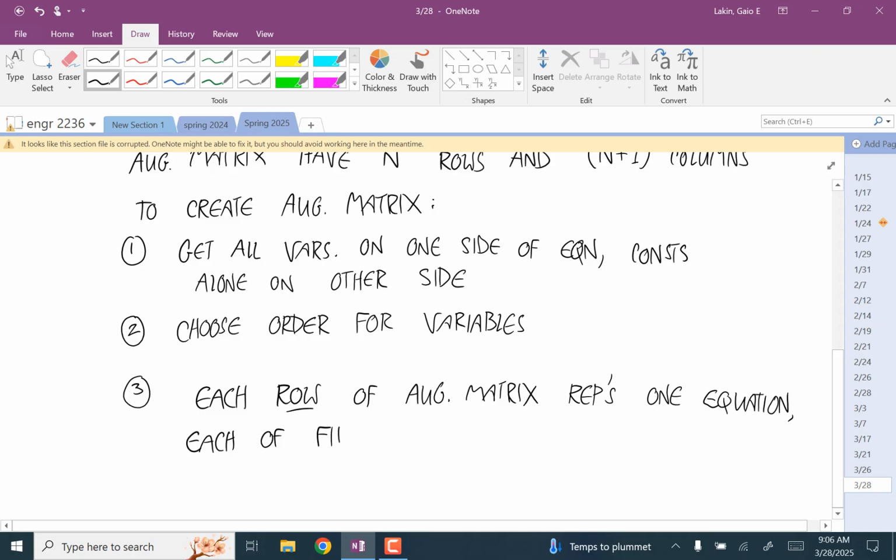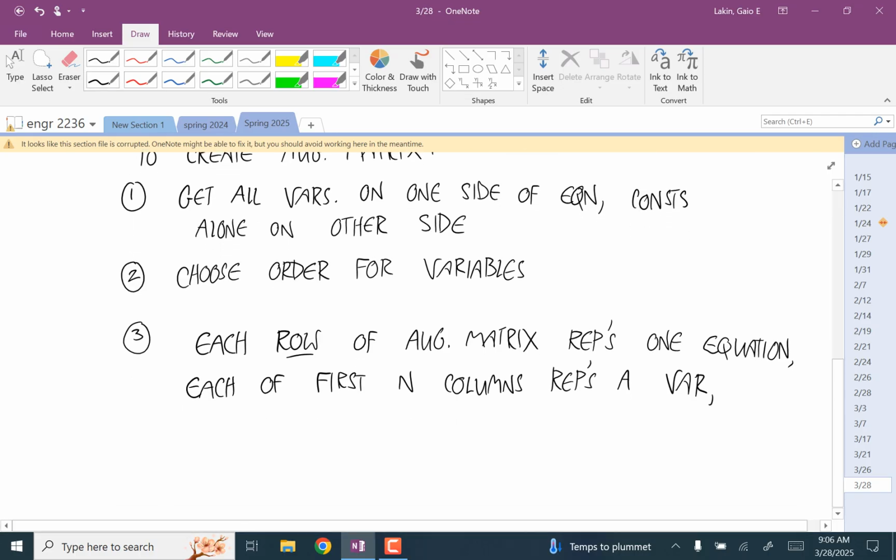Each of the first n columns represents a variable. Well, we have n variables, but we have n plus 1 columns.